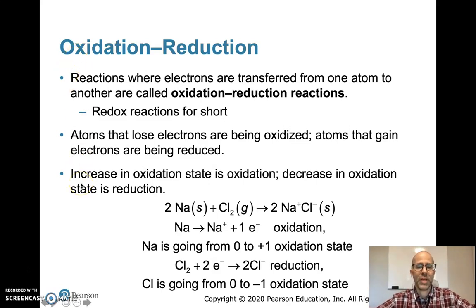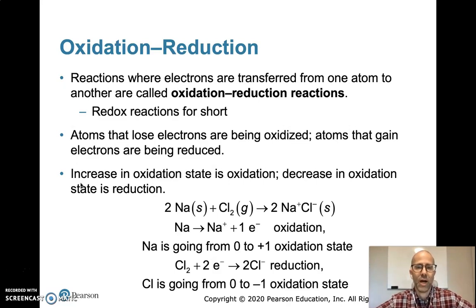So what does this mean with regard to oxidation states? Oxidation state is a measure of what the charge would be on an atom if you were to allow the electrons in the bonds to be divided between the two atoms.